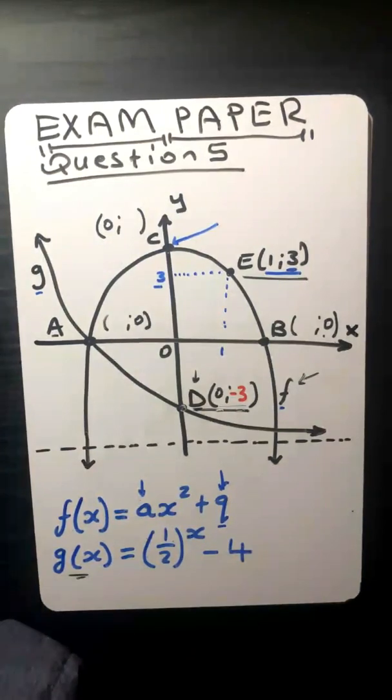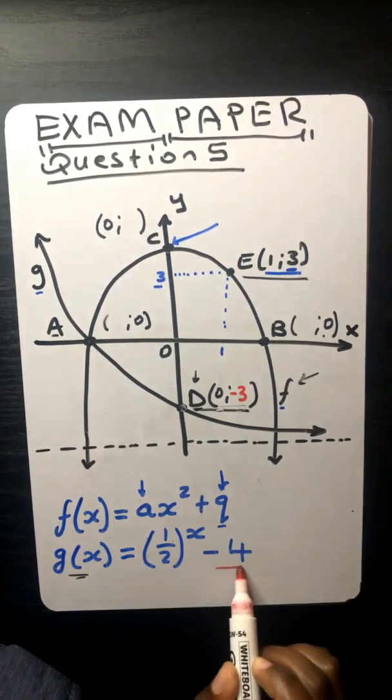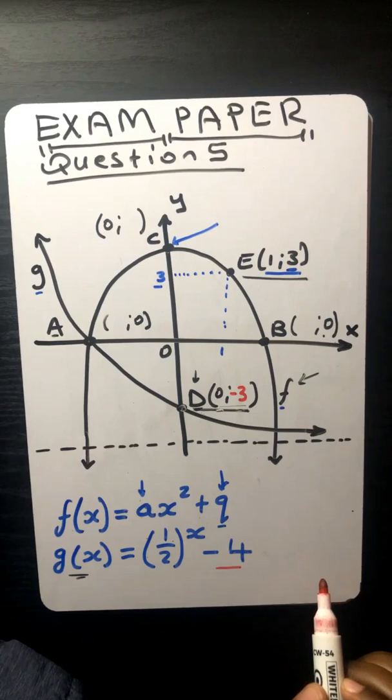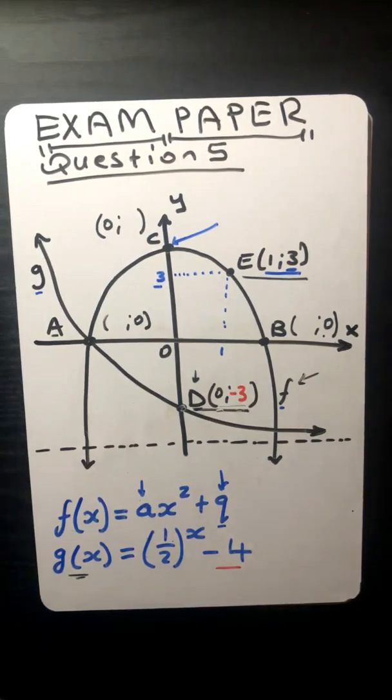I think on g of x, that -4 is the y asymptote.